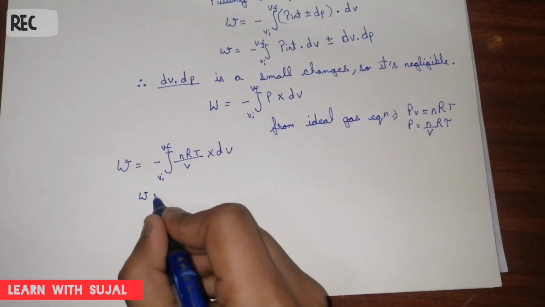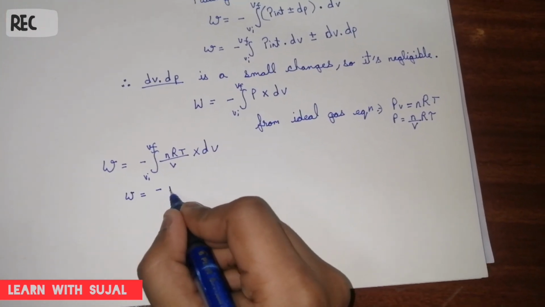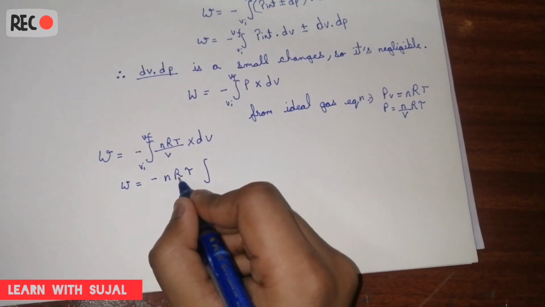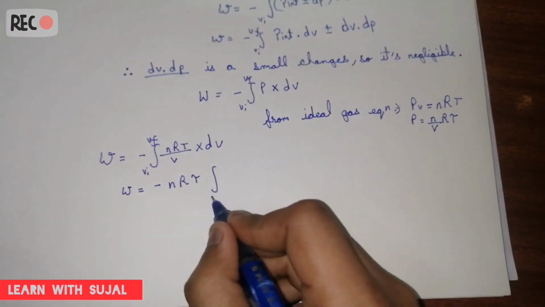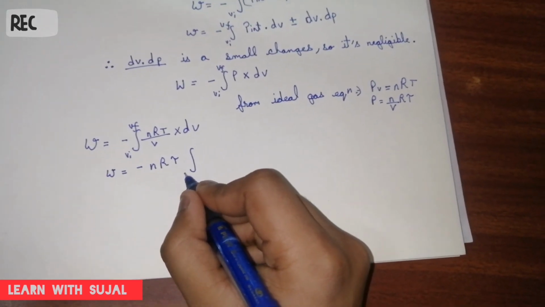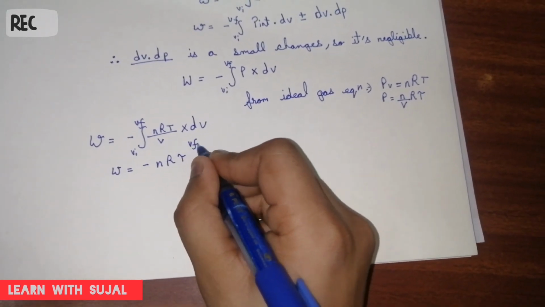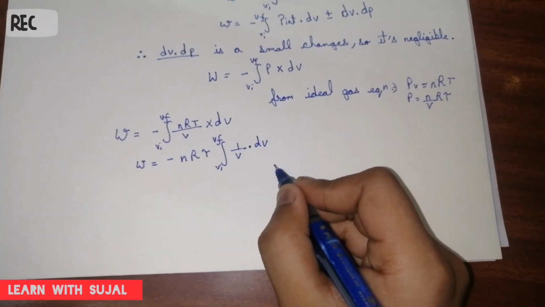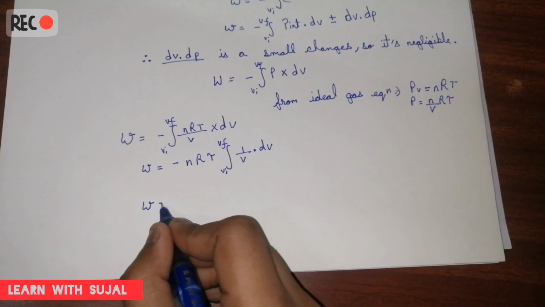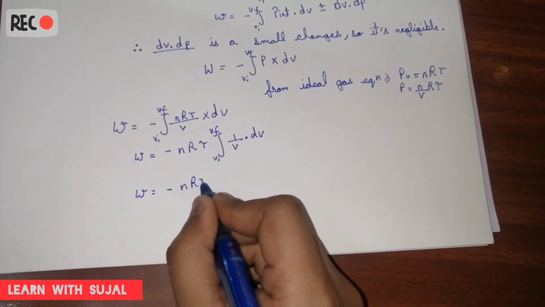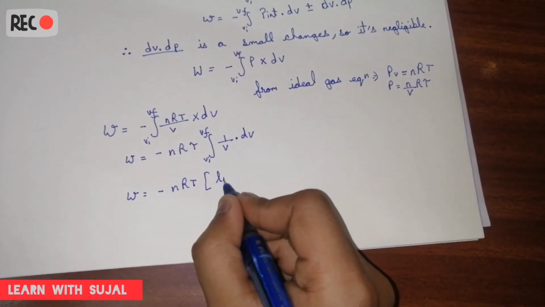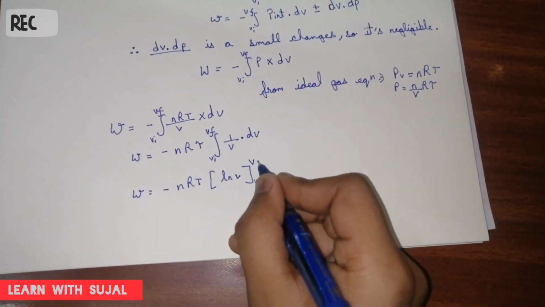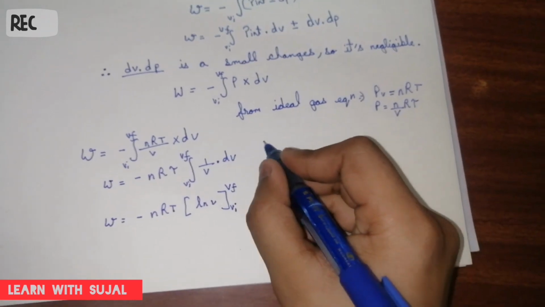So it will be minus nRT, number of moles, universal gas constant, and temperature, integral Vi to Vf of 1 by V into dV. Now it will be minus nRT ln of Vi to Vf.